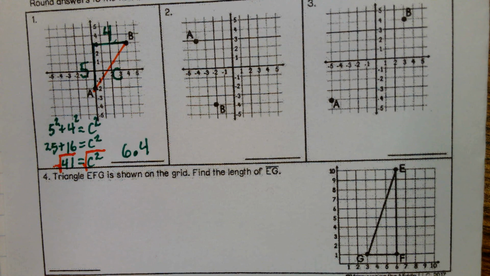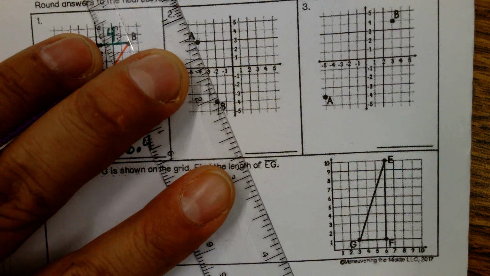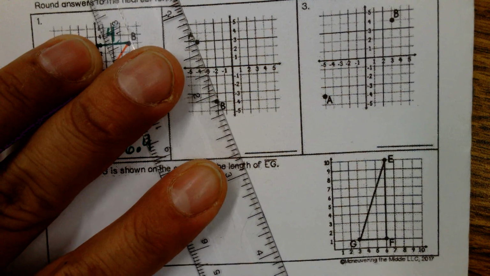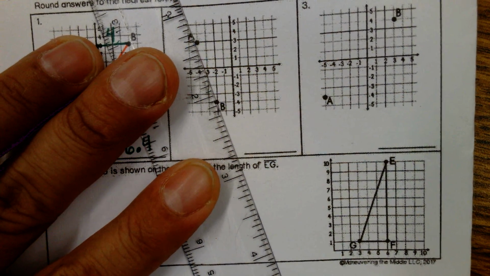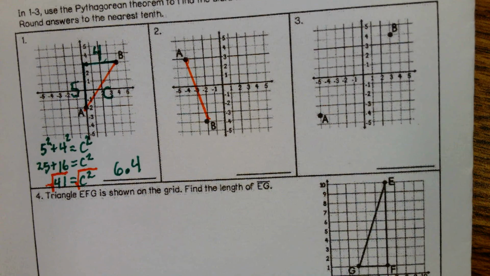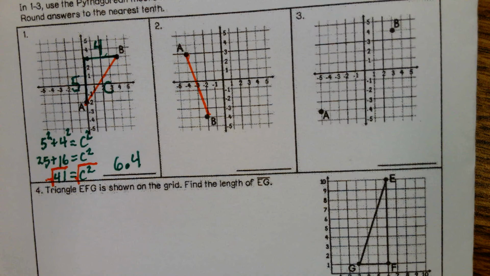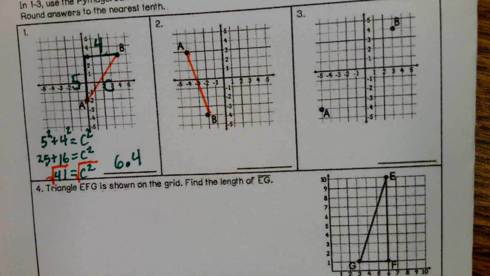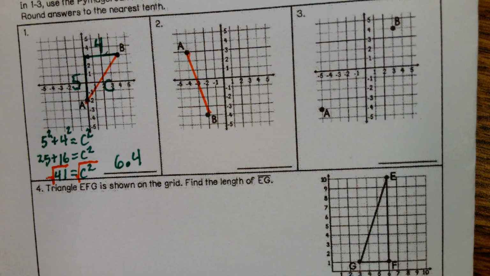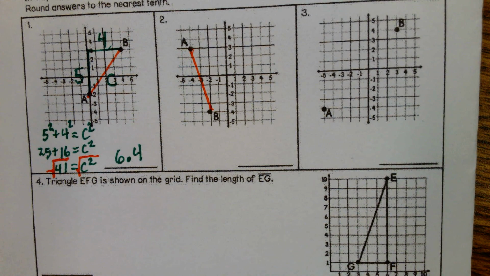Let's connect this. Grab your rulers. And there we are. We got to make a right triangle here. Now the slope on this one is pretty steep, right?